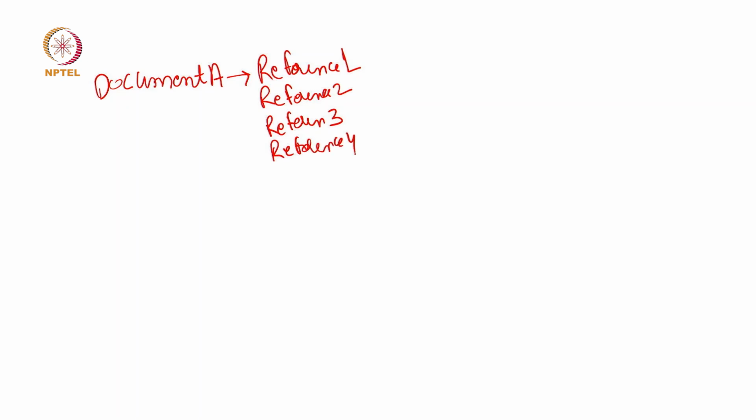We have already discussed what a document is, and in the document we have some references in the end. So we are assuming that this document A has 4 references.